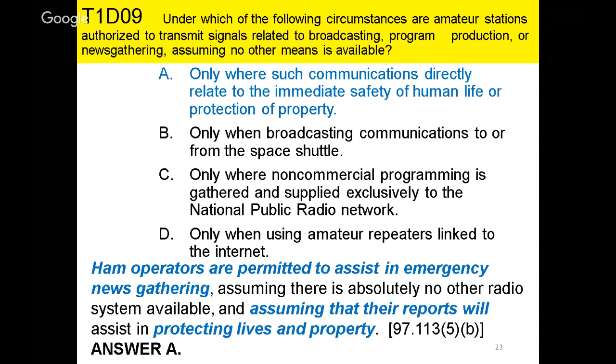You're on the coast and you recognize the signs of a tsunami, and there's nobody monitoring that, and you know that there's danger. How you do that, I do not know. How you get it out to the public, I do not know. But if you assist in news gathering and disseminating that information in order to protect lives and property, that is acceptable.